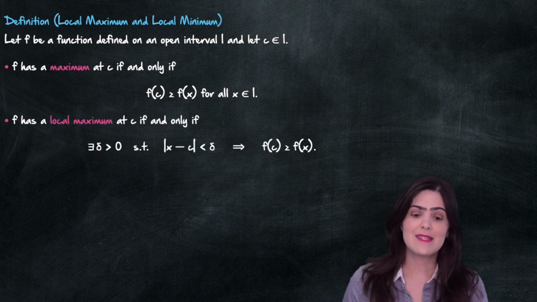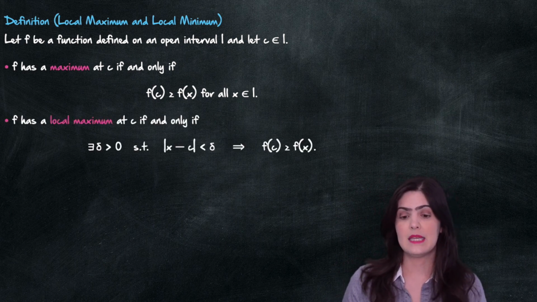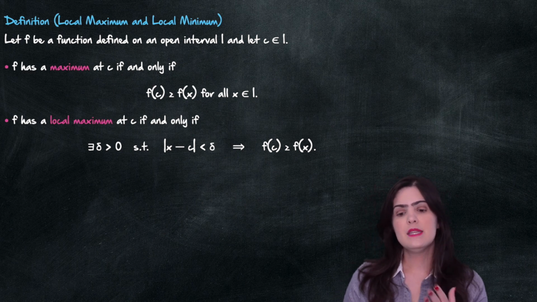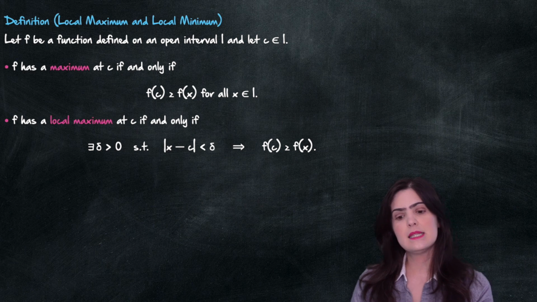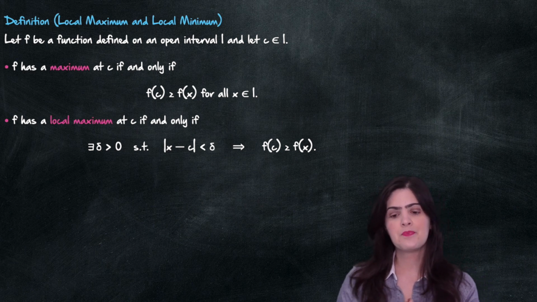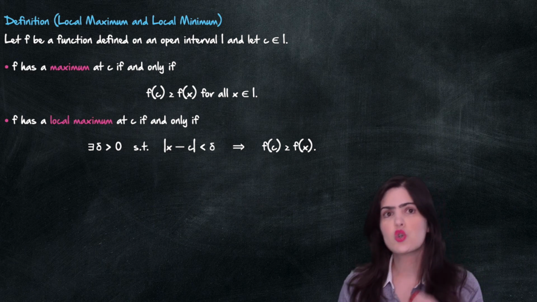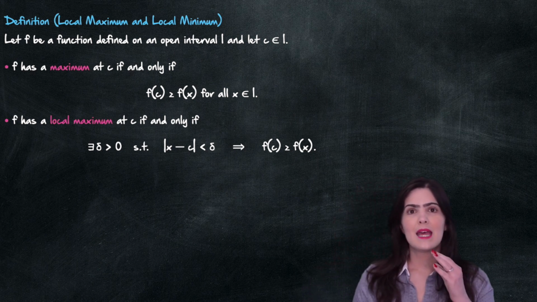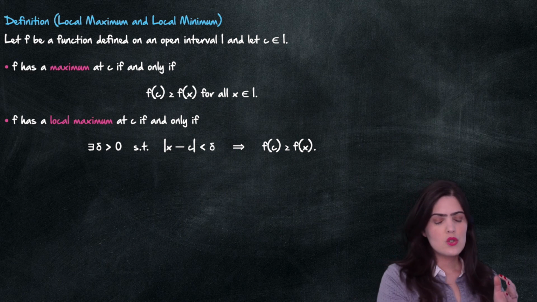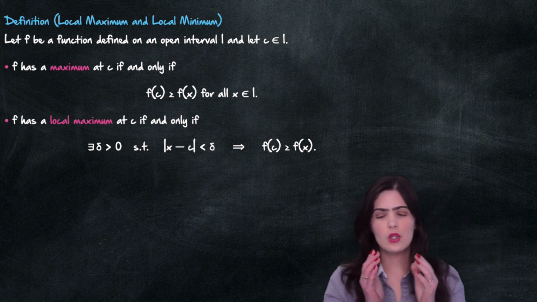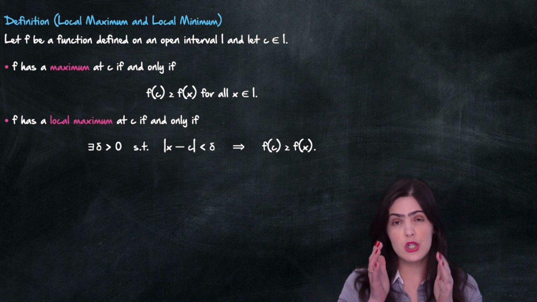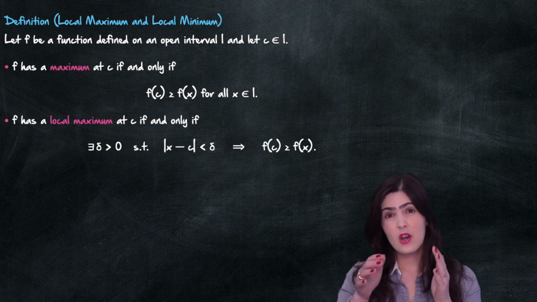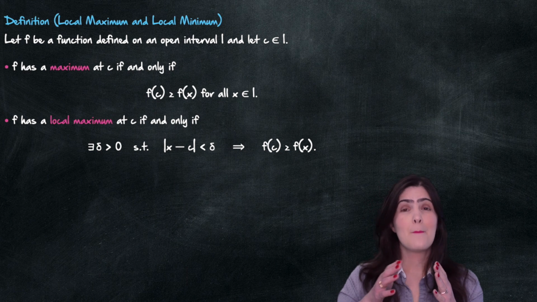And then we say that f has a local maximum at c if and only if there exists a delta such that if the distance between x and c is less than delta, then f of c is greater than or equal to f of x. So that means that if we zoom in and we focus only on a small portion of our picture, it is the biggest of all the values around it.